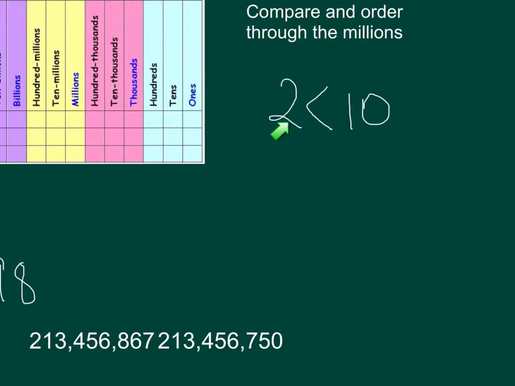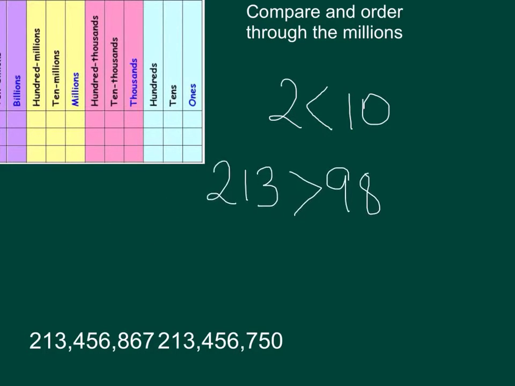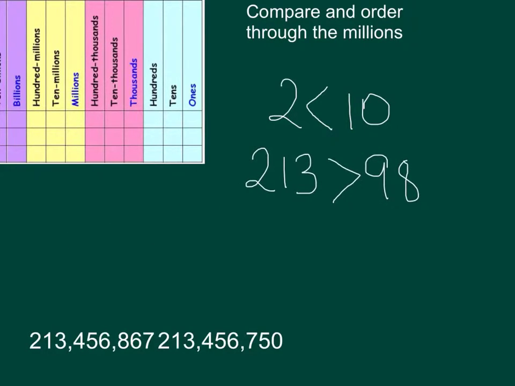And of course, you know again, 2 is less than 10. We also know a little bit bigger number some of us feel comfortable with. We have 213 is greater than 98. Would you rather have $213 or $98? This is the larger number.